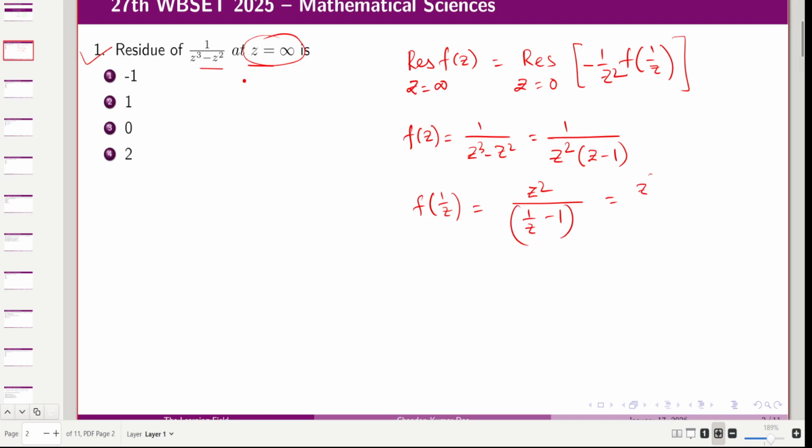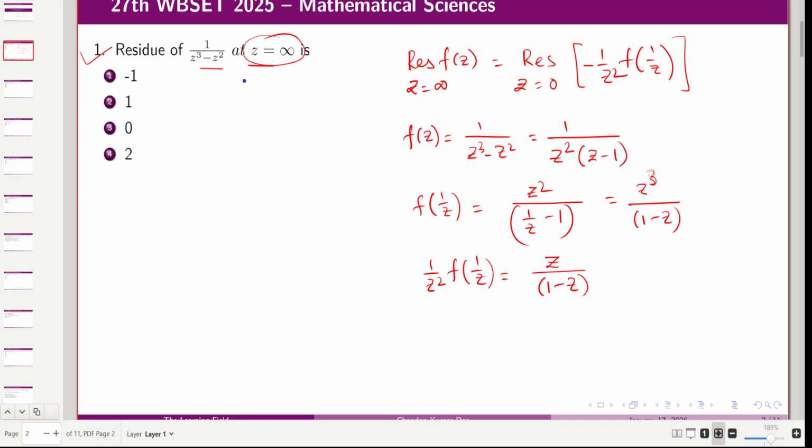Simply this implies z square into 1 minus z, which is z cube by 1 minus z. Now 1 by z square, f of 1 by z, this is equal to z by 1 minus z.